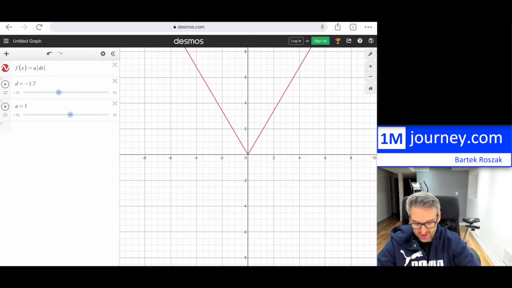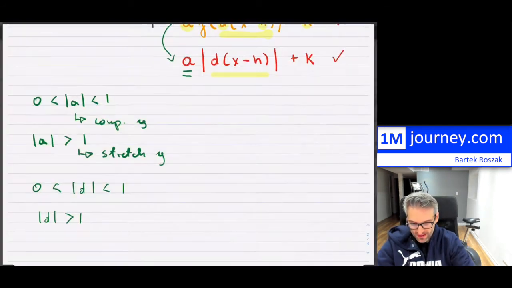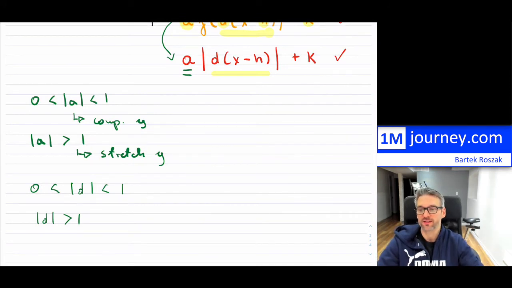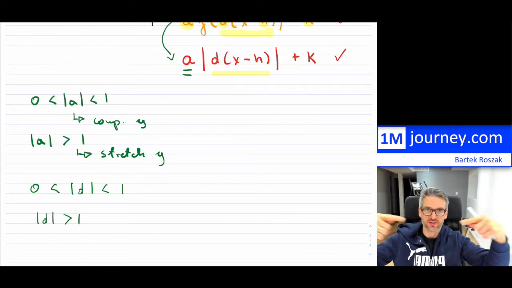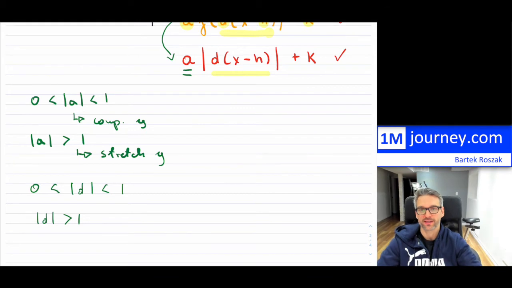So that's a review: between 0 and 1, it gets stretched out in this direction, and when it's greater than 1, it gets compressed in this direction or stretched out in the Y.